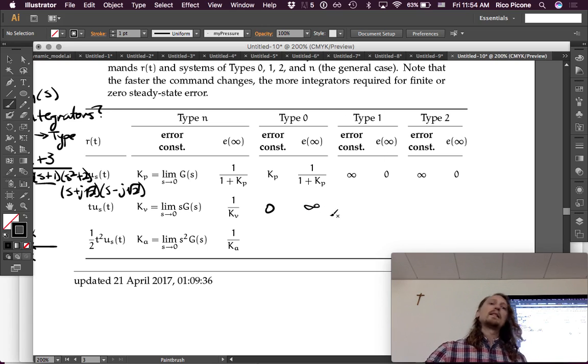The type 1 system has an integrator, right? So that integrator will cancel the s. So you're going to end up with a finite steady state error. So this ends up being finite, and I'll just write Kv. We have to compute what it is; it depends on the transfer function. And the steady state error ends up being finite as well, 1 over Kv.